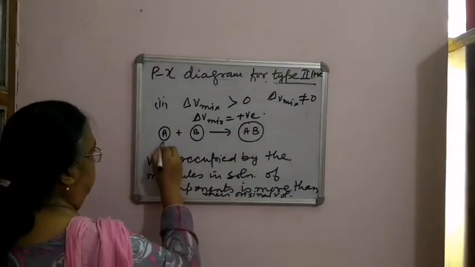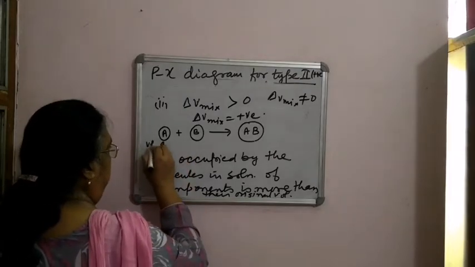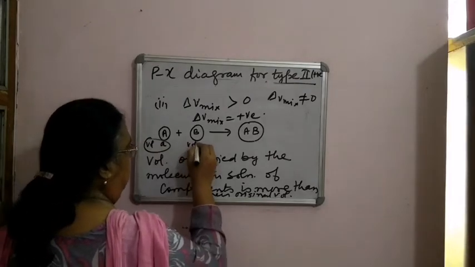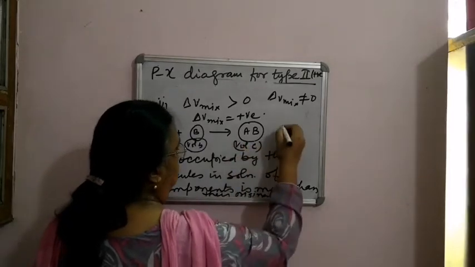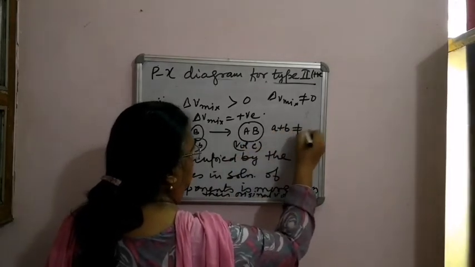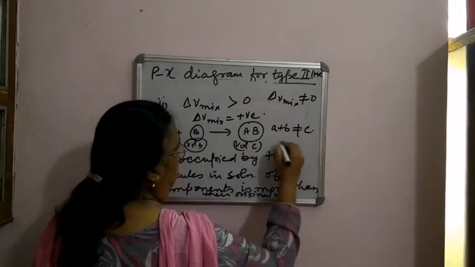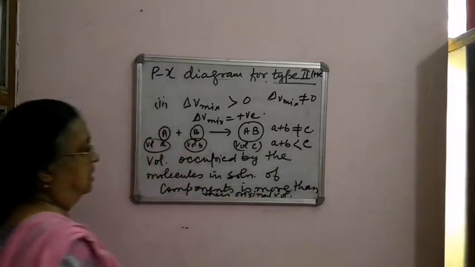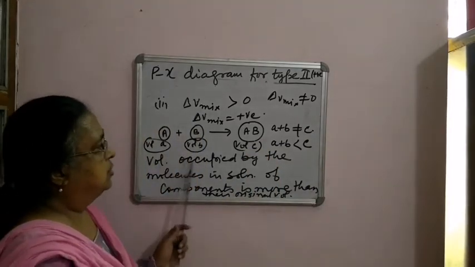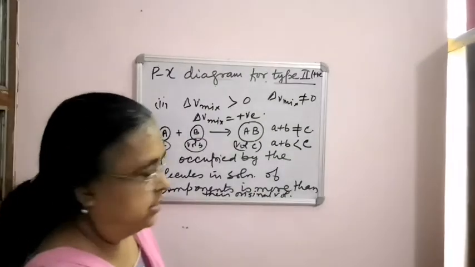If the volume of this is A, the volume of this is B, and the volume of this is C, then A plus B is not equal to C. Here A plus B is less than C.